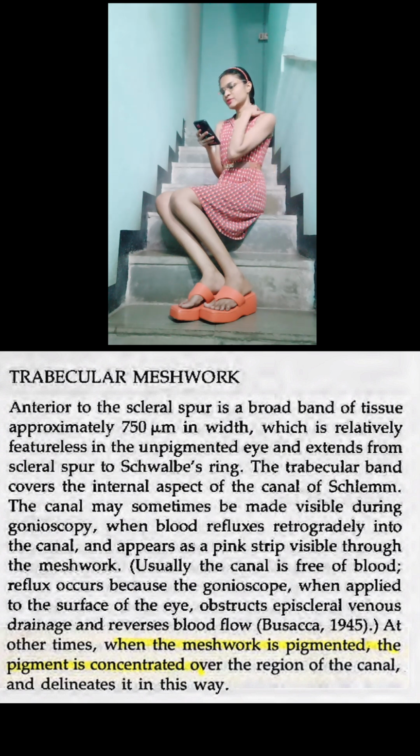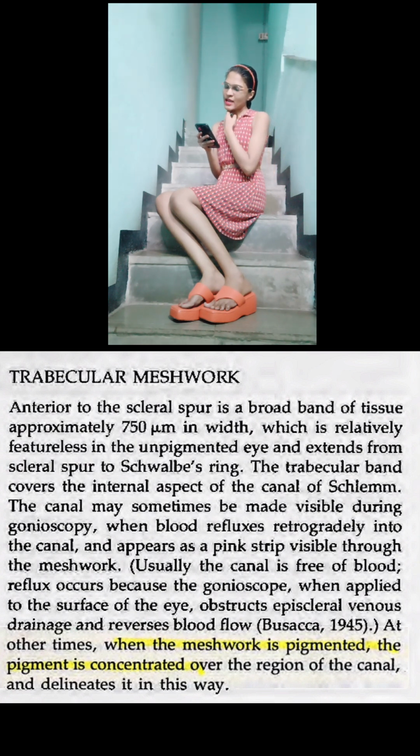Trabecular meshwork. Anterior to the scleral spur is a broad band of tissue approximately 750 micrometers in width, which is relatively featureless in the unpigmented eye and extends from scleral spur to Schwalbe's ring.